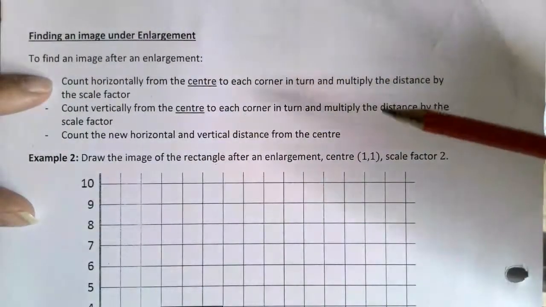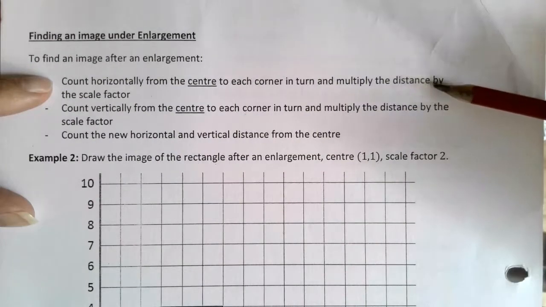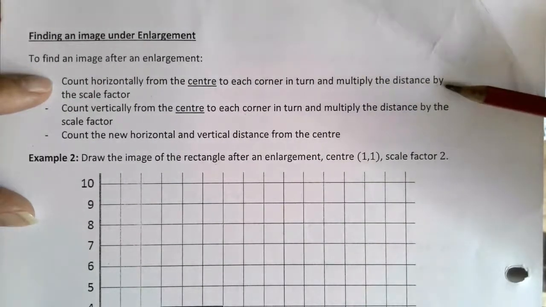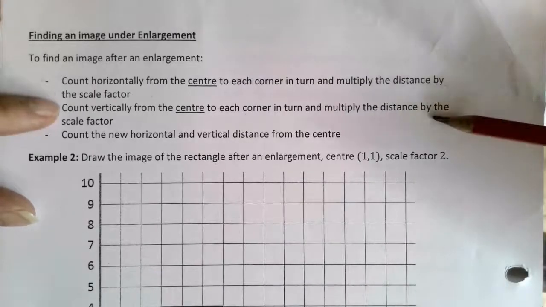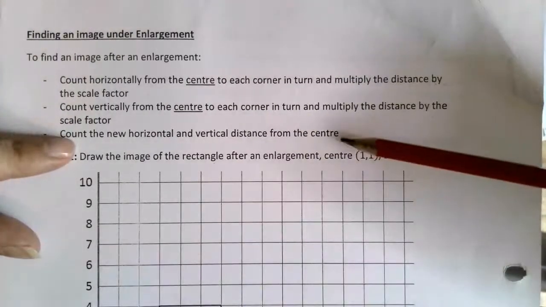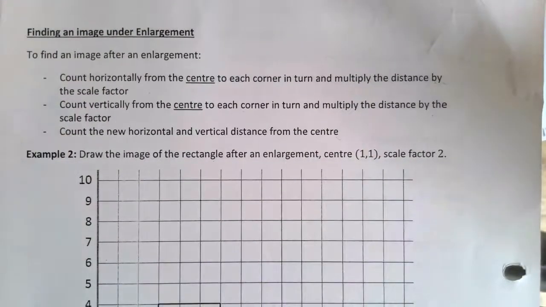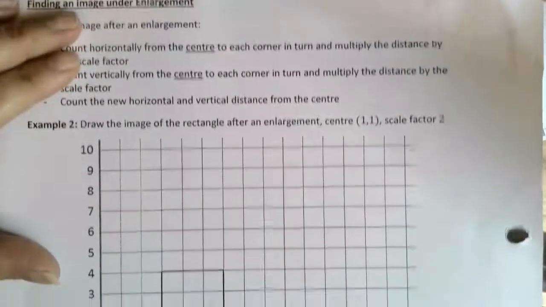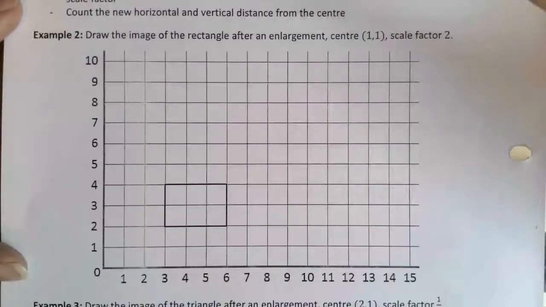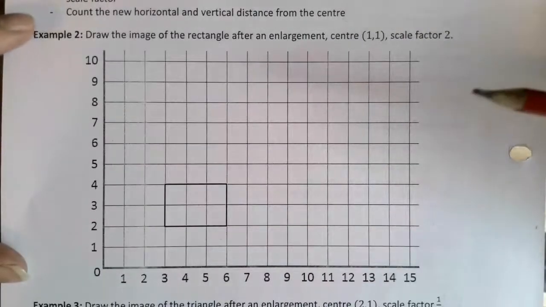You count horizontally from the center to each corner of the original shape in turn and multiply the distance by the scale factor. Then do the same vertically, count vertically from the center to the corner, apply your scale factor and count the new horizontal and vertical distance. Now, there's not much room for our working out here, but I think we'll be able to fit it in. So let's look at this example.